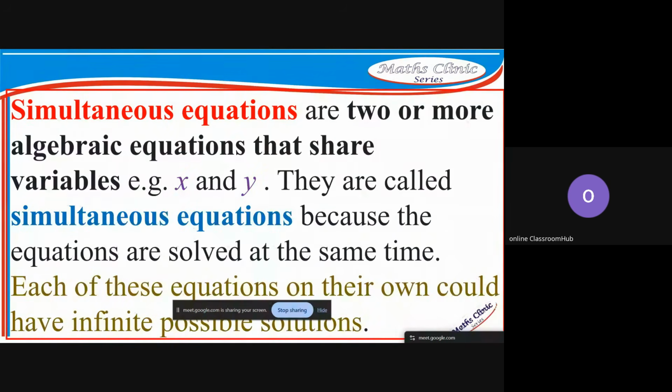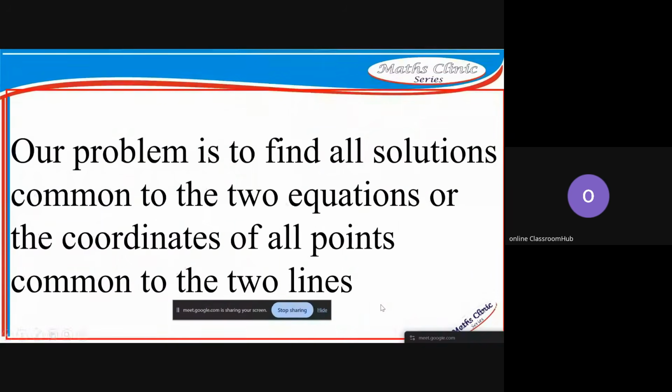So our problem now is to find all solutions common to the two equations, or the coordinates of all points common to the two lines. So this is where the graphical method comes in.